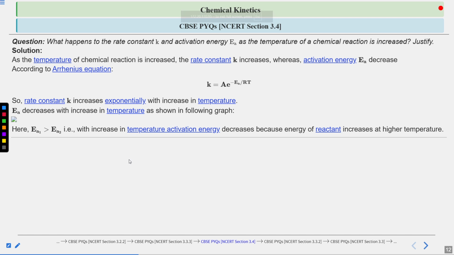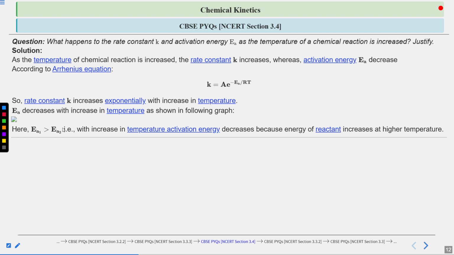Okay, I can explain. Basically, the graph shows the difference in the activation energy when the temperature is changing. The graph for Ea1, the first reaction's activation energy, shows the greater gap, and the graph for the second reaction shows the lesser gap.